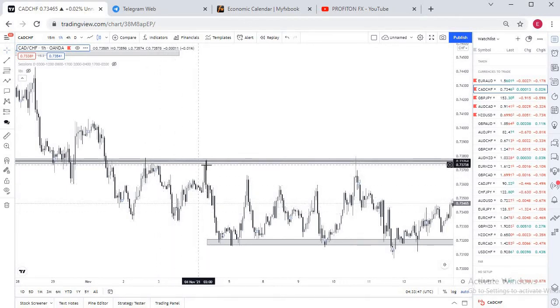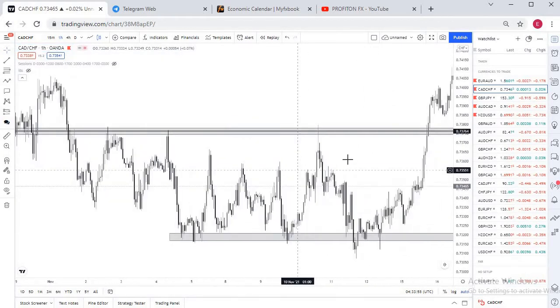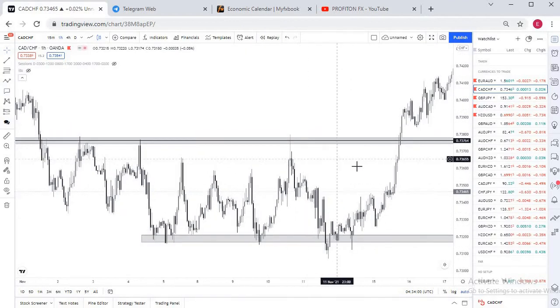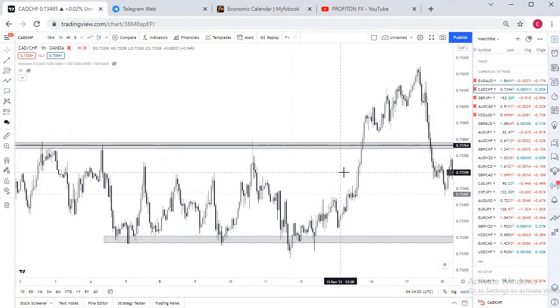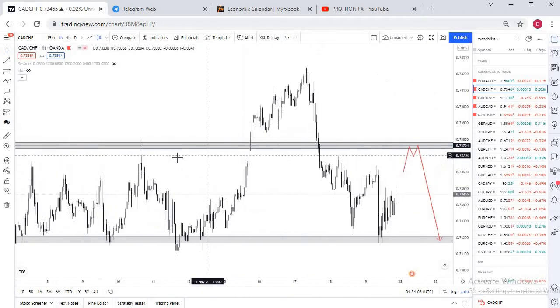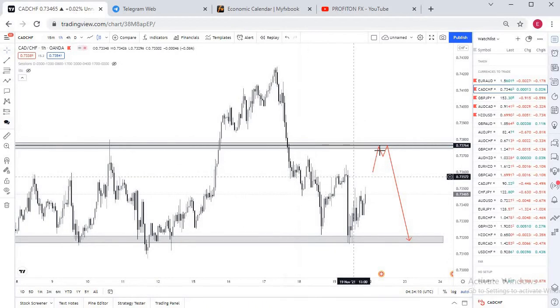Again, we saw price react to this level almost immediately. Here, price just left a weak rejection. So it seems here we'll most likely be having a lot of sell positions ready to be opened around this area. So that's what I would prefer to see.